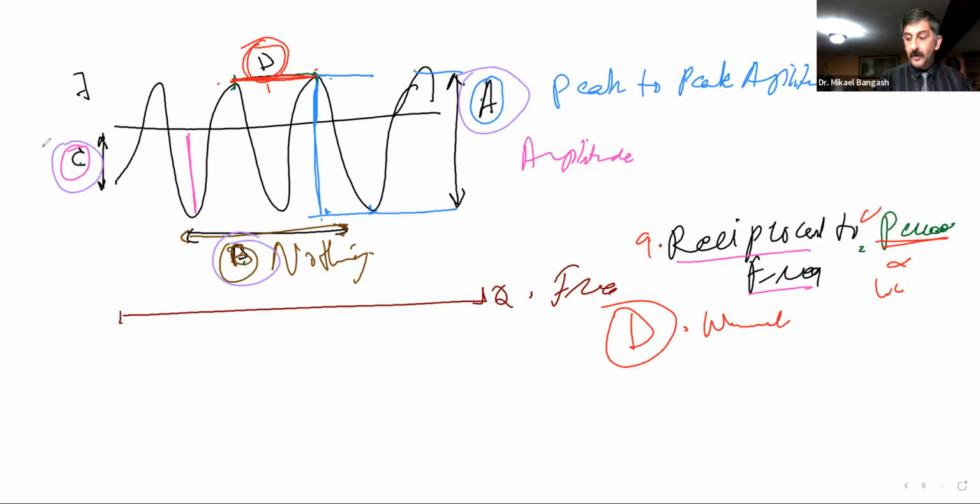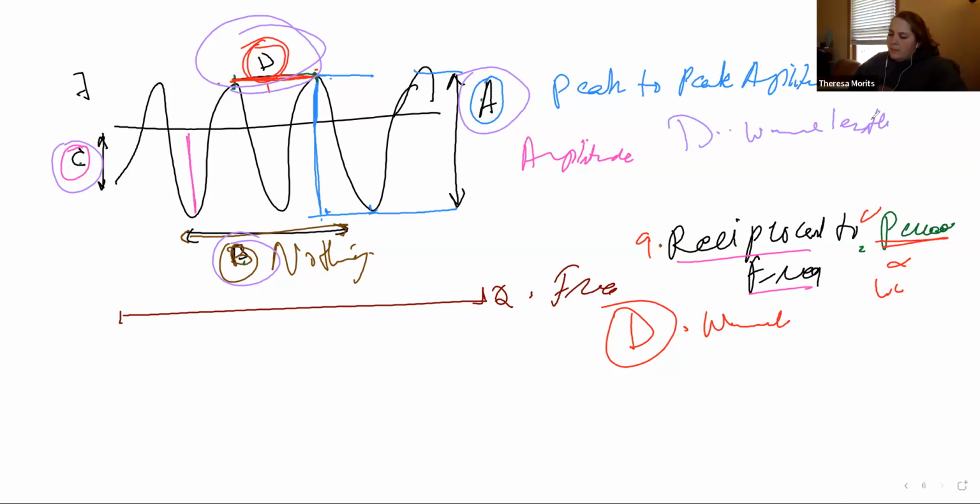Now, I don't know why they wrote B, because B was nothing. D would have been the answer, because D is the one thing that represented the wavelength.